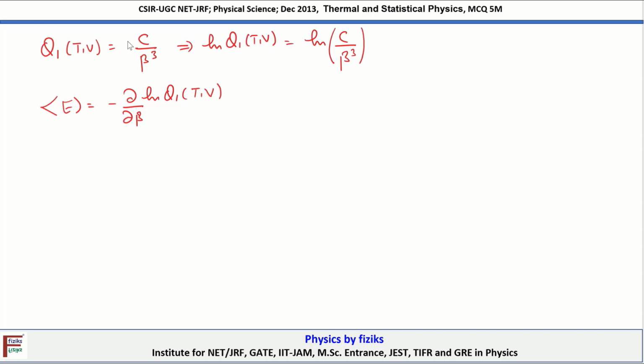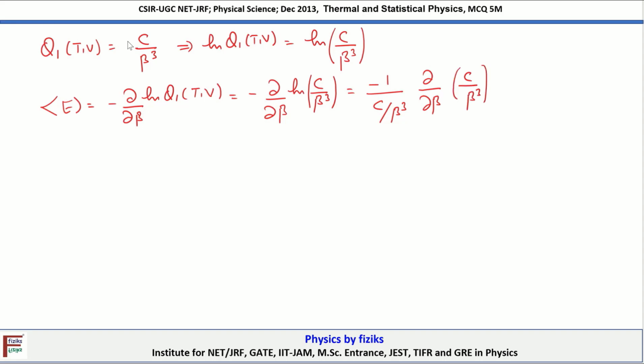So by substituting the value of the partition function, this is equal to minus partial derivative of ln of C upon beta cube with respect to beta. This is equal to minus 1 divided by C upon beta cube, and then the partial derivative of C upon beta cube.